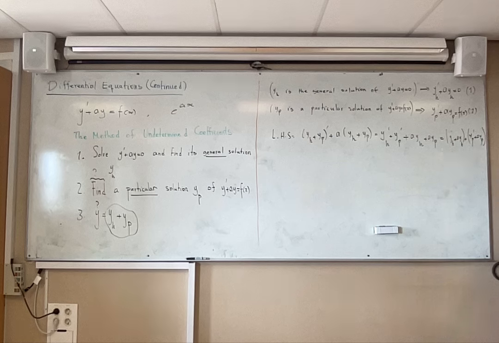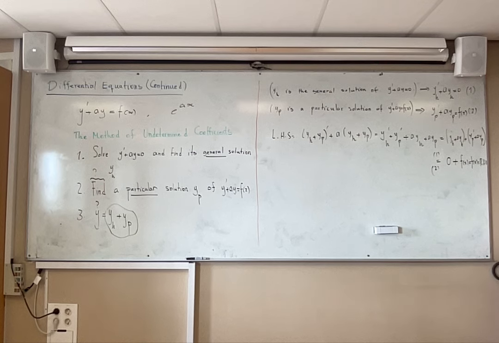Yes? And then, according to number 1, what can I write for this combination? 0. According to number 2, so number 1 and 2 are being used here. So instead of number 2, I can write f of x, but 0 plus f of x is f of x, and that is equal to the right-hand side. Yes, that's it. I mean, the algebra is extremely simple, but it's good to see it once.